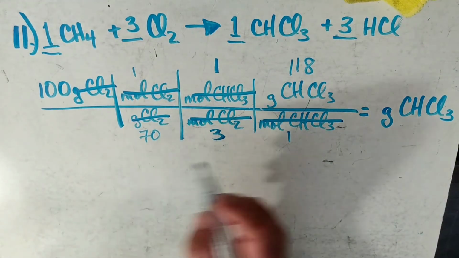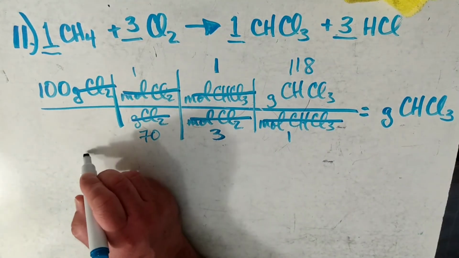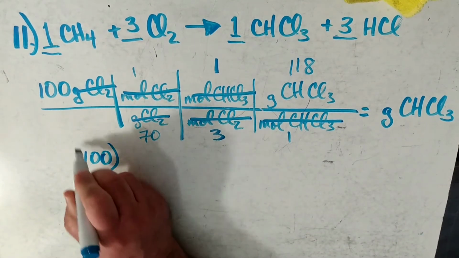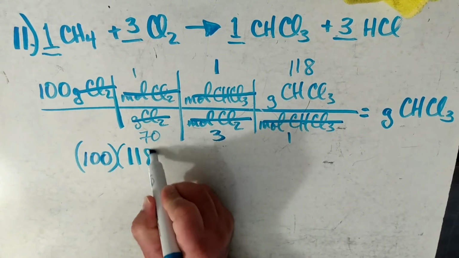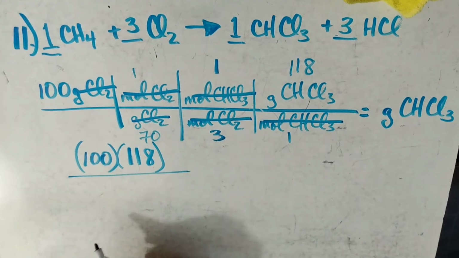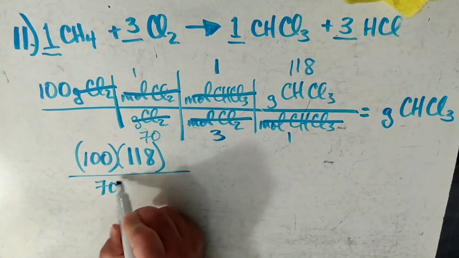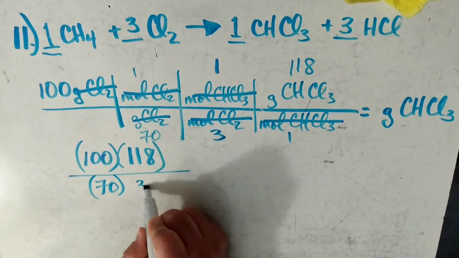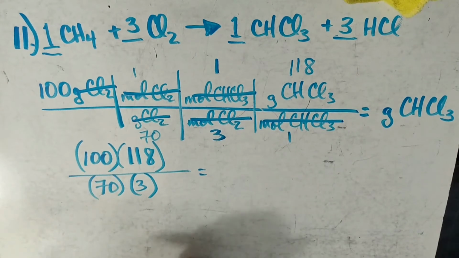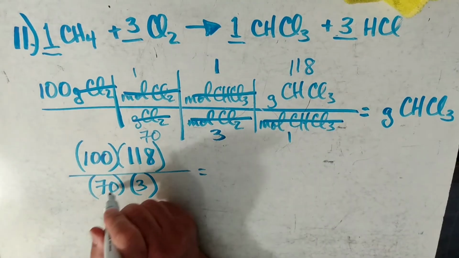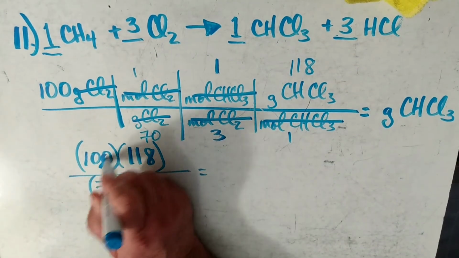We're now going to bring all the numbers down. We start off at the top. We have 100 times 118, all divided by 70 divided by 3. Now this is the first time we've actually had this much number-wise. Okay, let's go ahead and cross out the 0 and the 0 there.